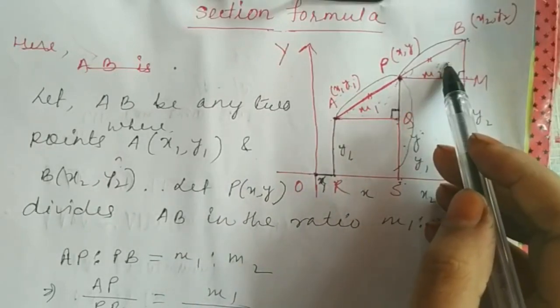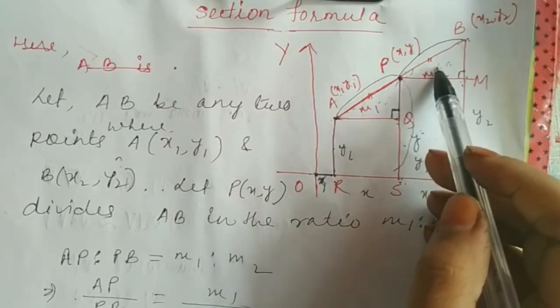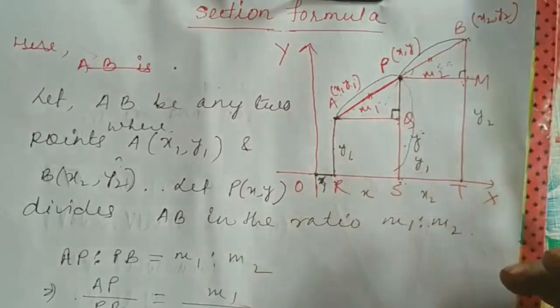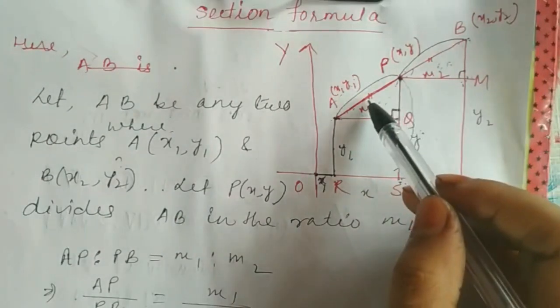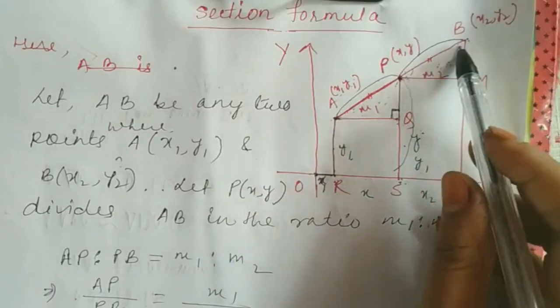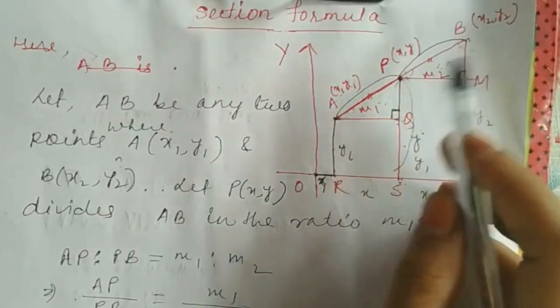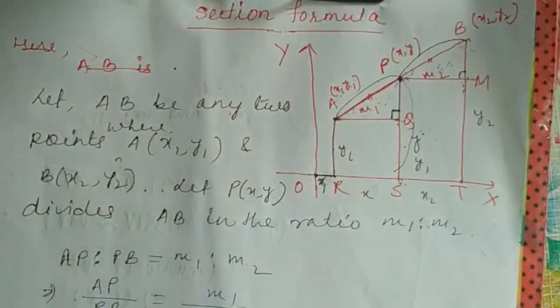From similarity, we know that if two triangles are similar, then their sides are also in the same ratio. That means AP by PB equals AQ by PM equals PQ by BM. The corresponding sides are equal.